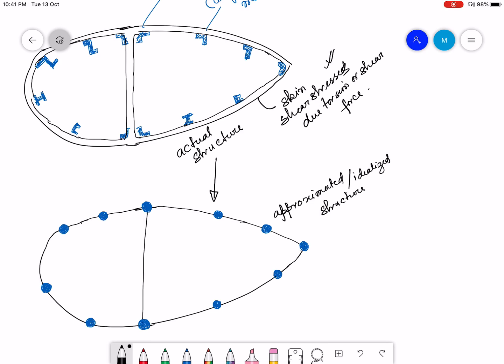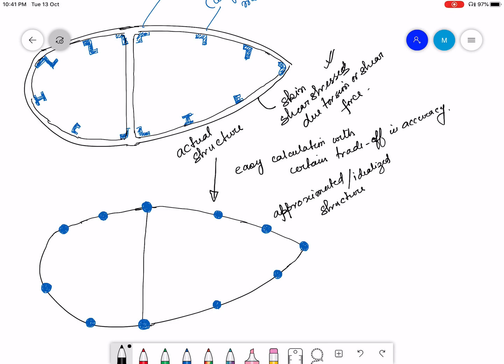Now, this is what you are doing. This entire thing you are doing for easy calculations with a certain trade-off in accuracy. But you don't mind, because these are not your final calculations, right? These are just at the design stage.